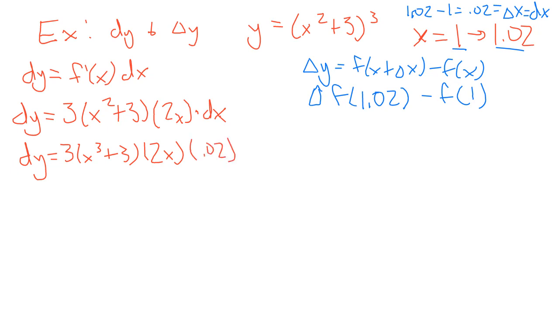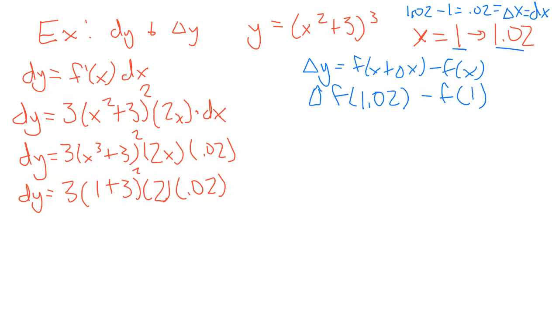Now it's just a matter of plugging in our values. Let's start with our dy. We get dy equals 3 times (1 squared plus 3) squared, which is 3 times 4 squared, which is 16, times 2 times 1, which is 2, times our dx, which is 0.02.